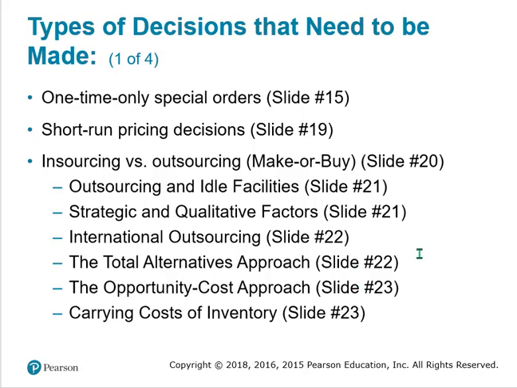Okay, so in this chapter, we'll cover the decisions on these three slides and later in chapters, we'll review the decisions about joint costs, quality and timeliness, inventory management, capital investments, and transfer pricing.